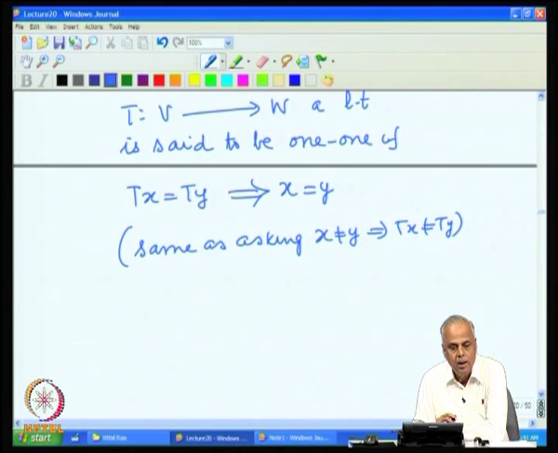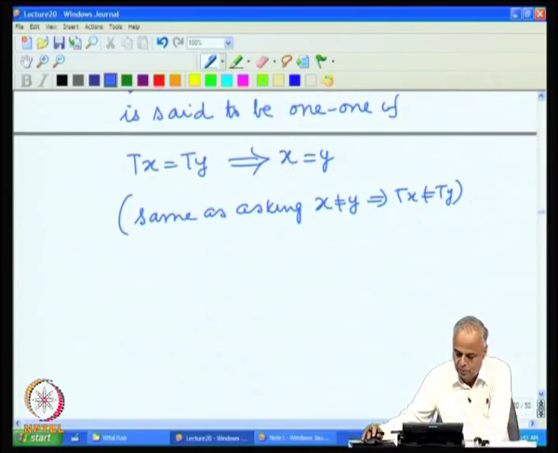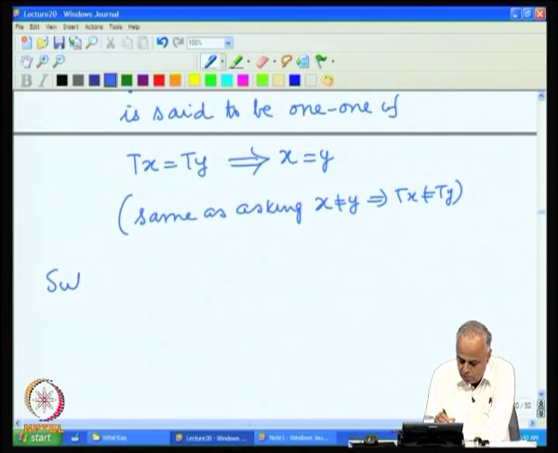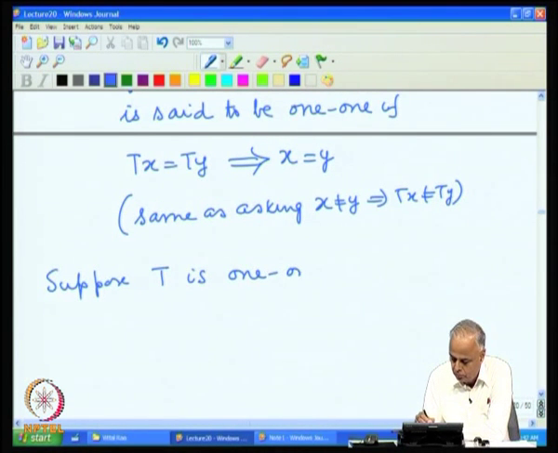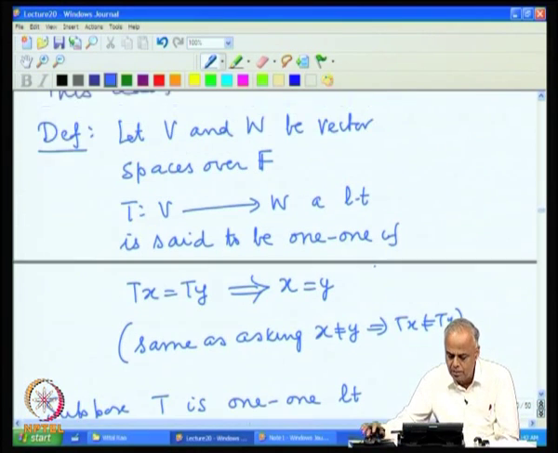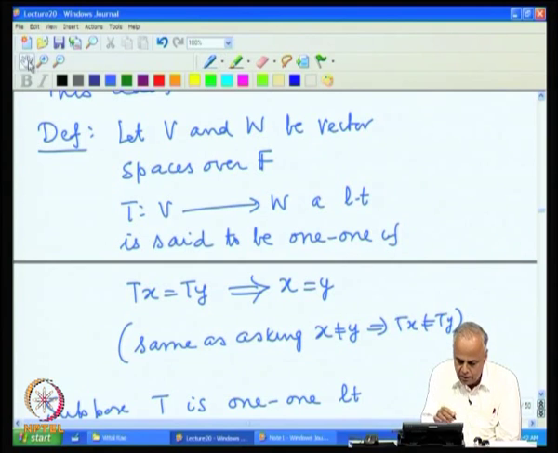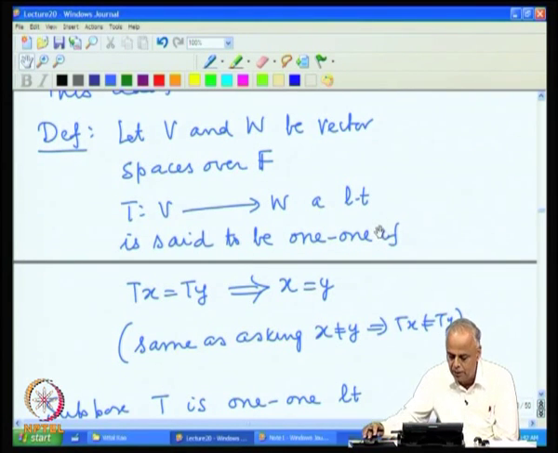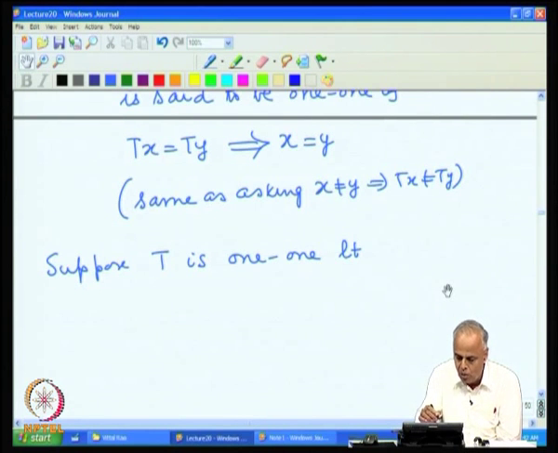Let us look at a simple property of such a 1-1 linear transformation. Suppose T is 1-1. V is a vector space, W is a vector space, T is a linear transformation, and suppose T is 1-1.